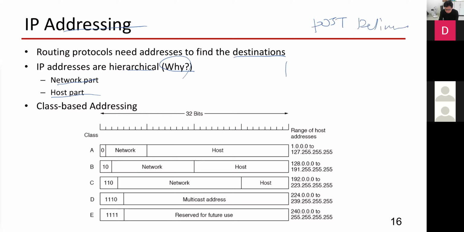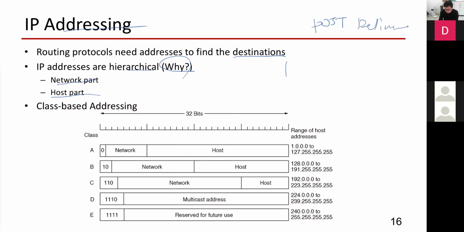Okay, so class-based addressing. IP version 4 chooses class-based addressing: Class A, Class B, Class C, and Class D. Class E is not frequently used, but we only care about Class A, B, C, D. In Class A, this portion is assigned to network.